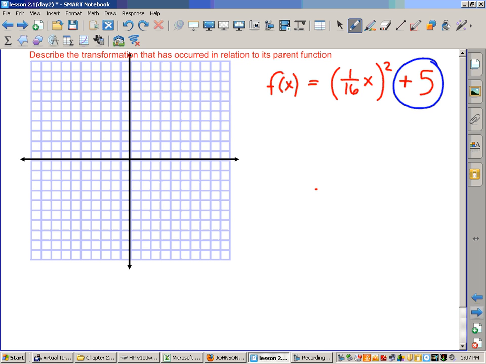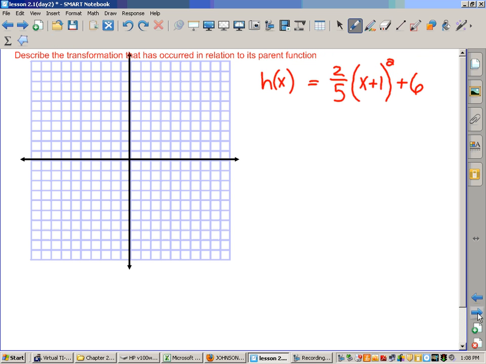Up 5. Then since this right here is working inside the parentheses only on the x function, this is horizontal. And horizontals always have to be the reciprocal. So the reciprocal of 1/16 is 16. 16 is greater than 1, telling me it's a stretch. So horizontal stretch of 16, with that translated up 5 units.